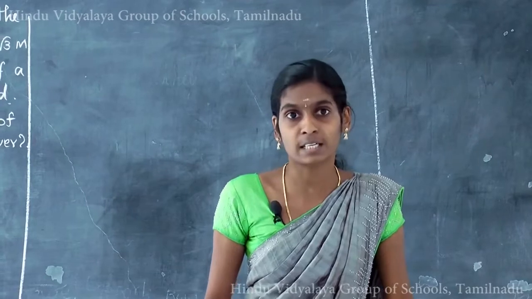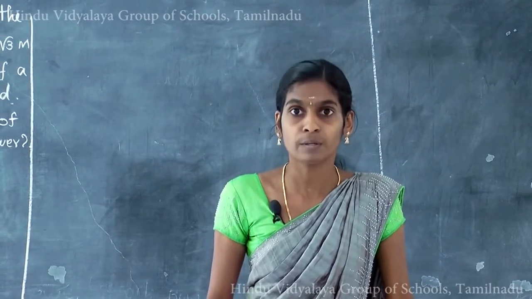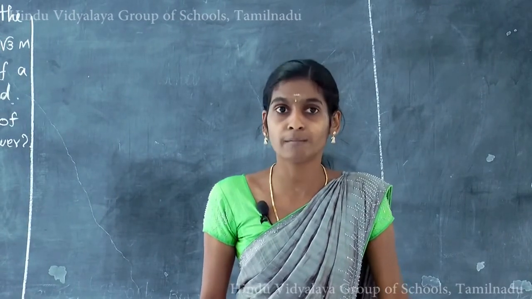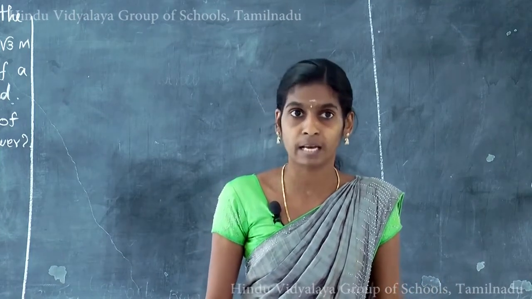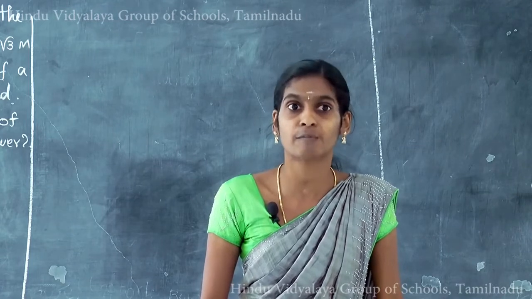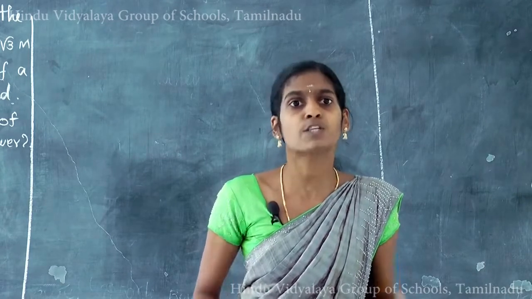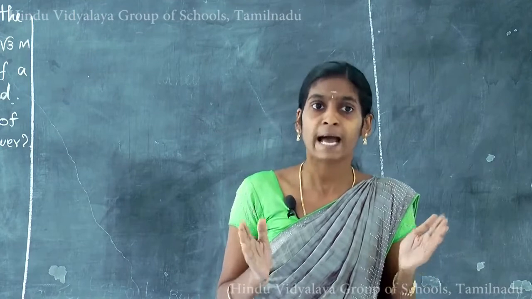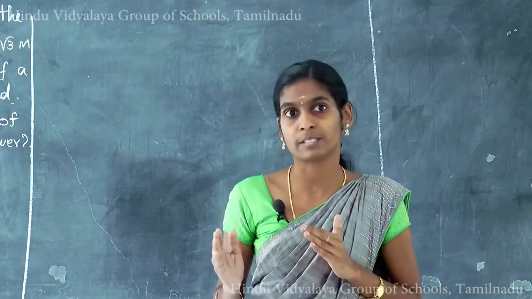In today's session, we are going to learn how to solve problems when angles of depression are given, and also solve problems when angle of elevation and angle of depression are given. As you know very well what is meant by angle of depression and angle of elevation.